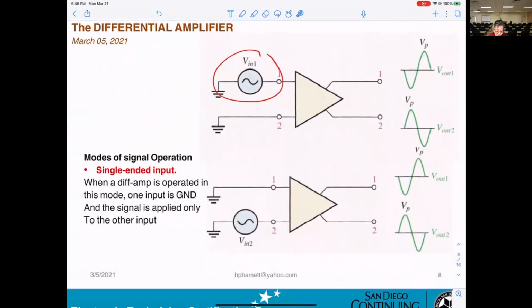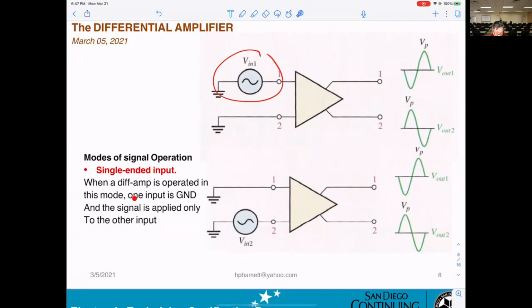Now, let's see the modes of signal operation. Single-ended input. What does that mean? That means you have two inputs. However, they apply a signal to only one input. The other input will be grounded. That's what they call a single-ended input. Okay.